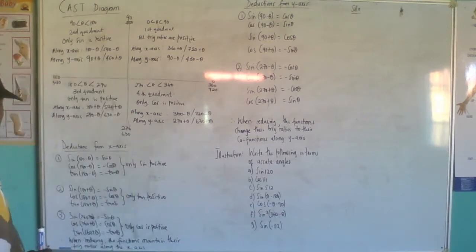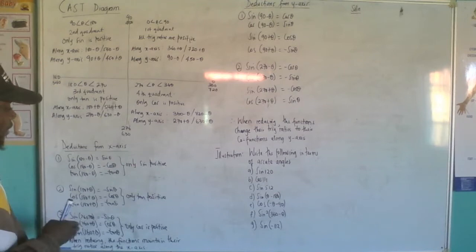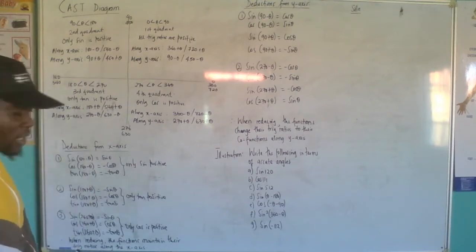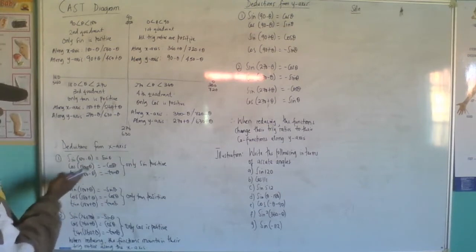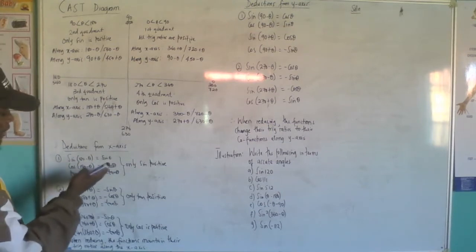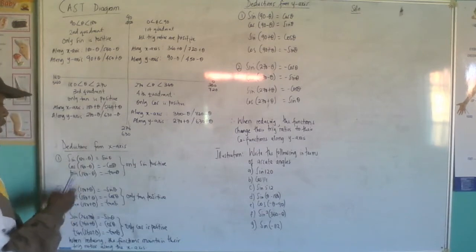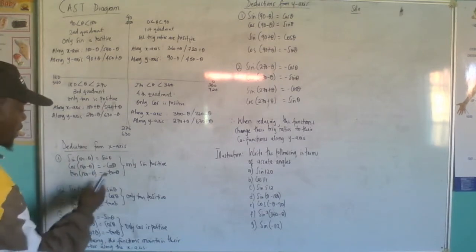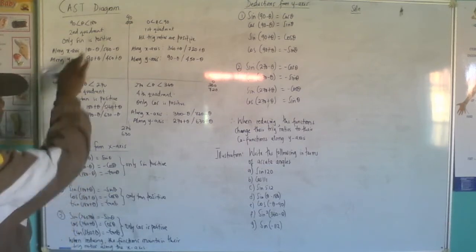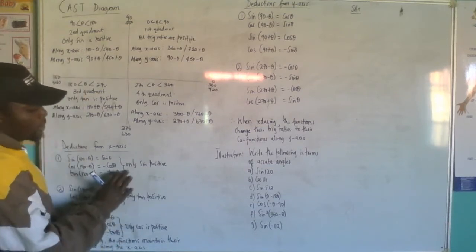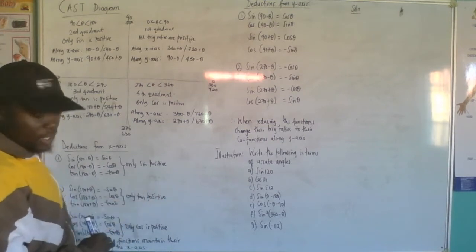Now, deductions from your grade 11 that were taken from the CAST diagram. Along the x-axis, if I take sine of 180 minus theta, I'll get a positive sine. Cos of 180 minus theta, I'll get a negative cos. Tan of 180 minus theta, I'll get a negative tan. This comes from the second quadrant, telling us that only sine is positive.